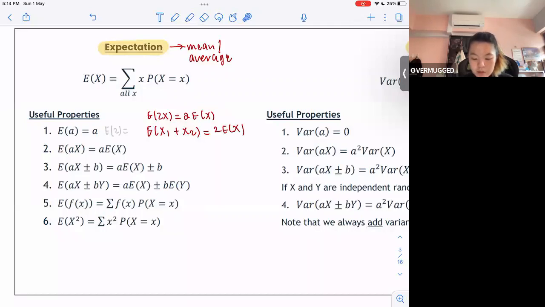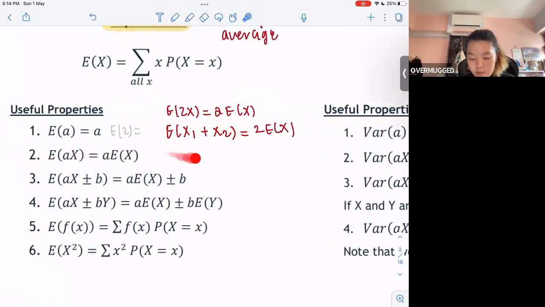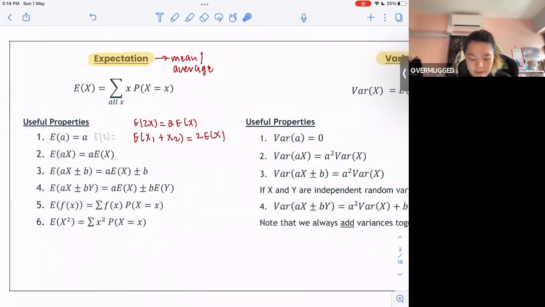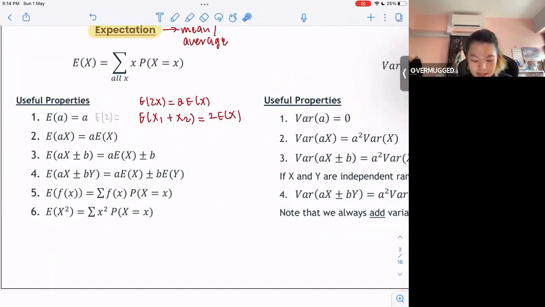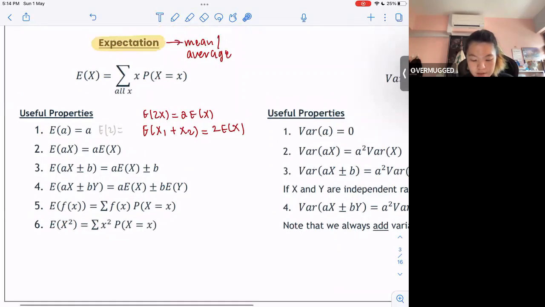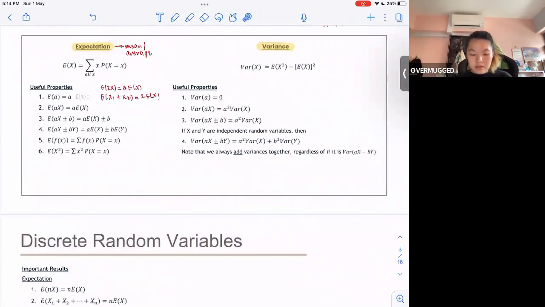If let's say we have two independent scenarios, then that would be x1 plus x2, and it would still be 2x. Okay. So this is different from, let's say, if you have expectation and this is squared, then the formula over here would change. And what does this formula mean? We will take a look later.